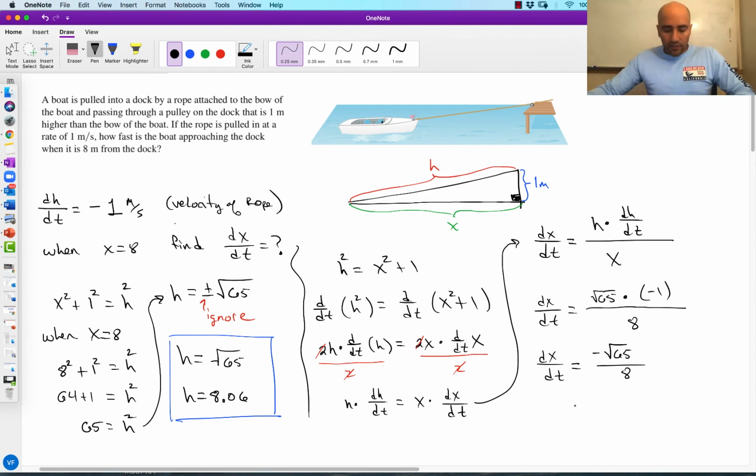Again, we can get our calculator and do an approximation. So dx/dt is going to be approximately negative 1.01 meters per second.